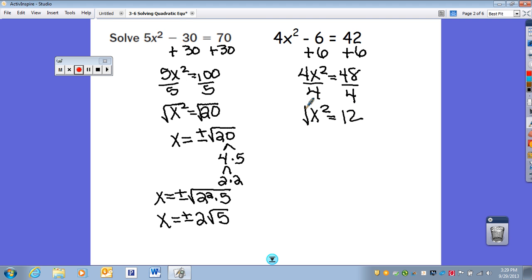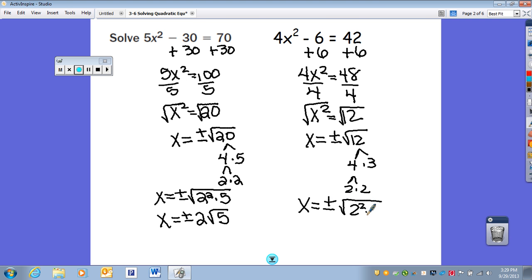To solve, we do the opposite operation, which is to take the square root of both sides. So x is equal to plus or minus the square root of 12. When we make our factor tree to simplify, 4 times 3, or 2 times 2 is 4. So x equals plus or minus the square root of 2 squared times 3, or x equals plus or minus 2 square roots of 3.